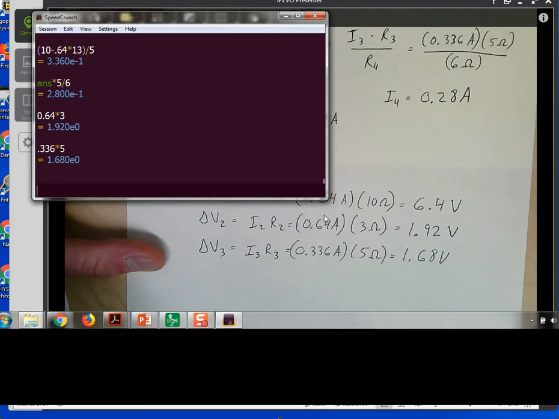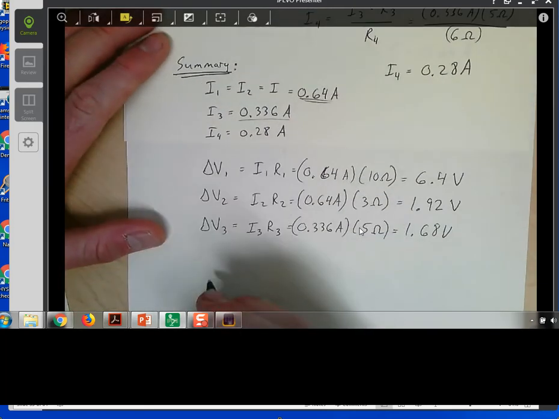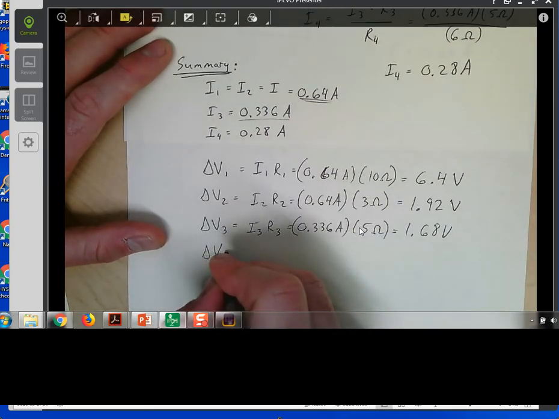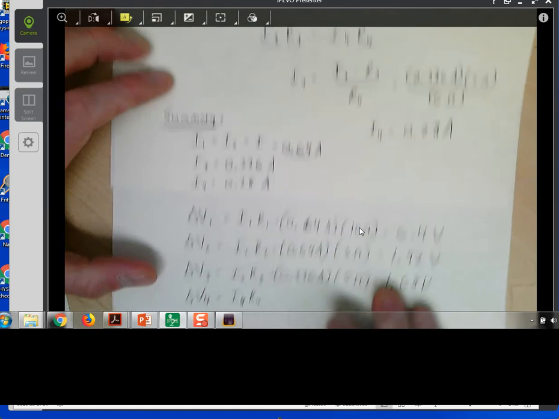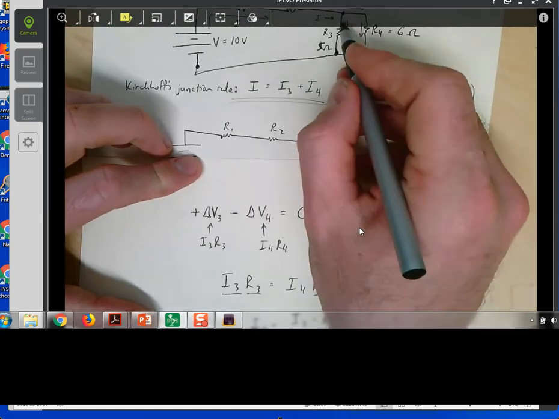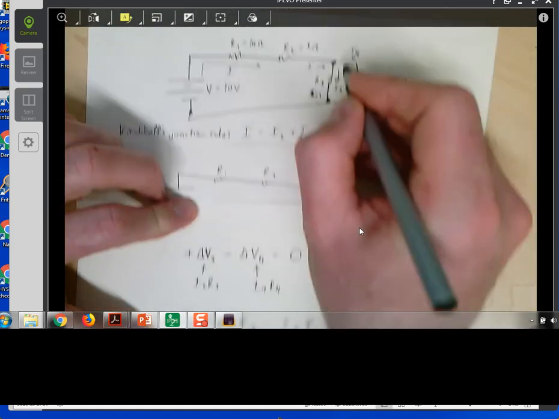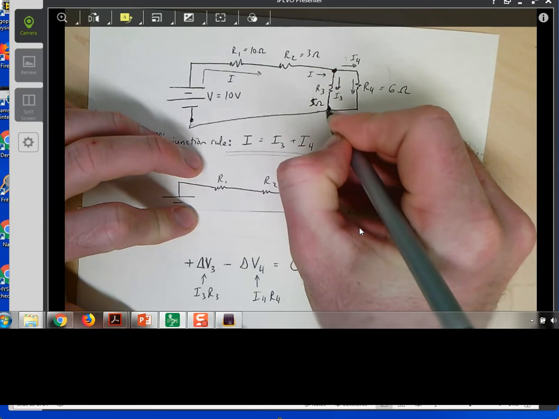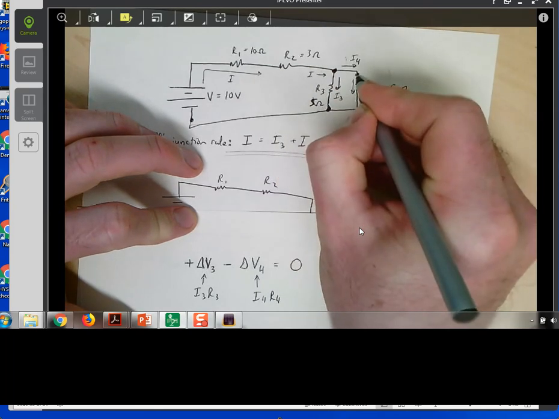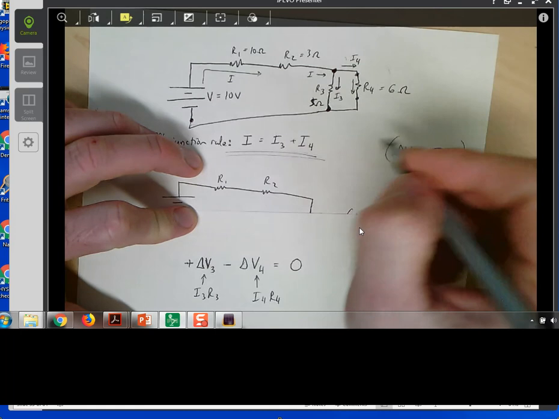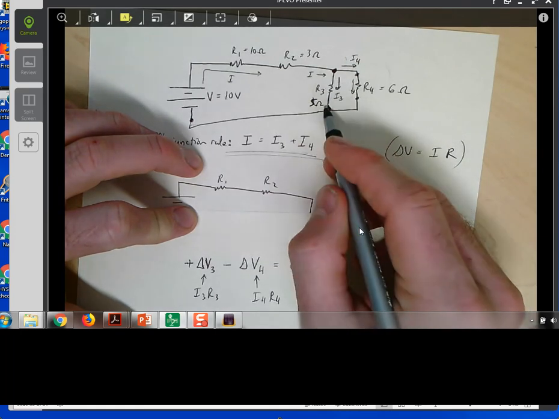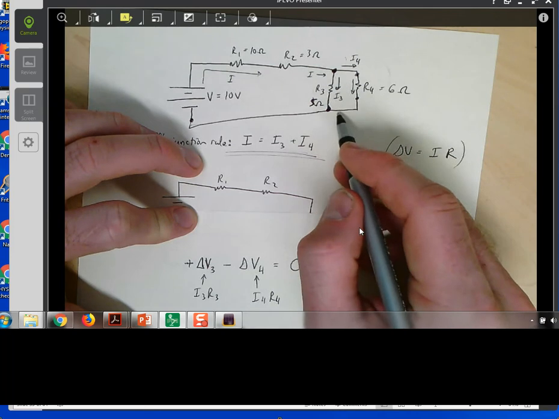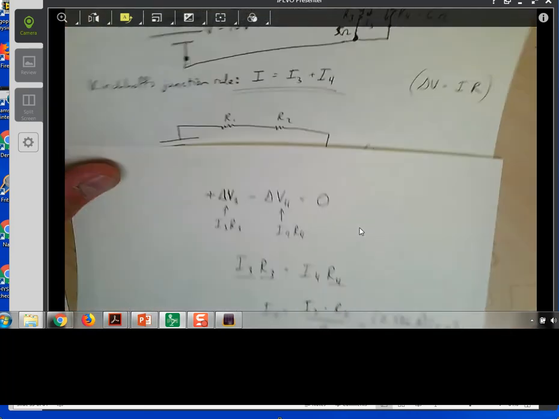Finally, we're going to take the voltage drop across R4, and it's going to be I4 times R4. Before we even do that, I want you to notice something here, is that the voltage drop between this dot here and this dot here should be the same as between here and here. In other words, because R3 and R4 are in parallel, that means that the voltage drop across R3 should be the same as the voltage drop across R4.